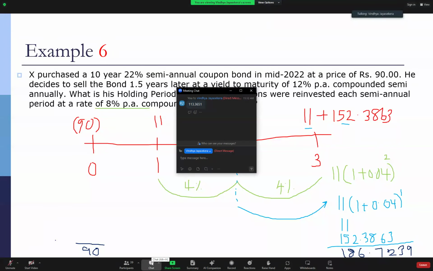Non-annualized, is it? No, that's right. So, Niraj, I think there is a minus 1. Did you take that into consideration?